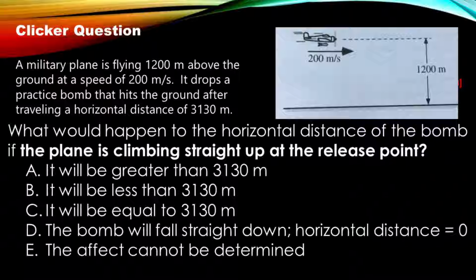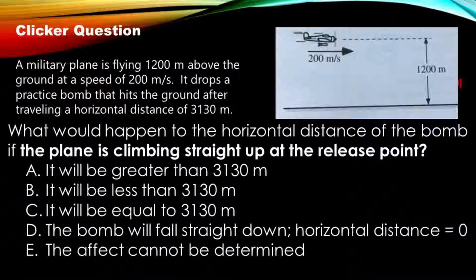So it would be less. Right, the bomb falls straight down. So this one again kind of makes sense, right? Because if the plane is going straight up and lets go, the bomb would roughly fall straight down. If I had a little bit of horizontal push, I wasn't going exactly straight up, but if it's going straight up and lets go, it should go straight down.